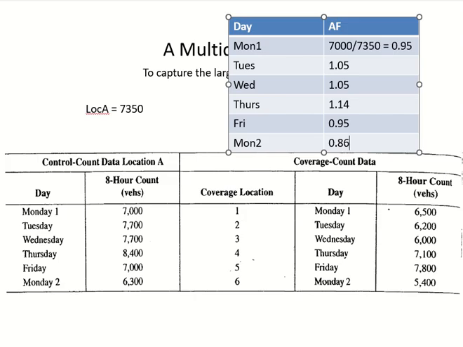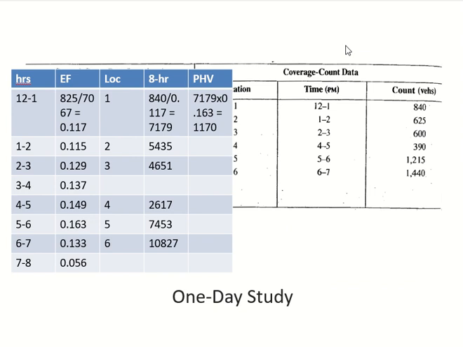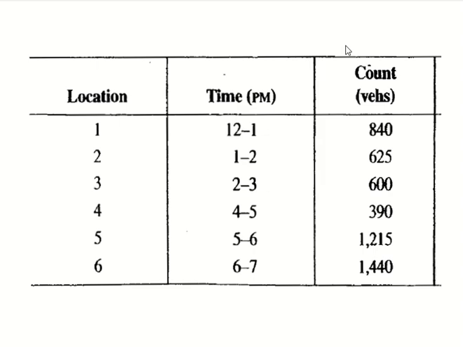Okay, pay attention now. There is a check which you can apply to these factors. For the expansion factors, these are ratios, right? So their total should be 1. Once you calculate them, you check.